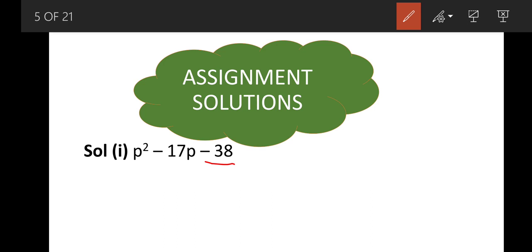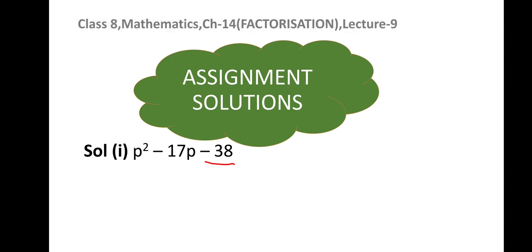So let us see the steps now. 38 is the number, so what are those two numbers which if I multiply will give me minus 38, and if I add them then I need to get minus 17?